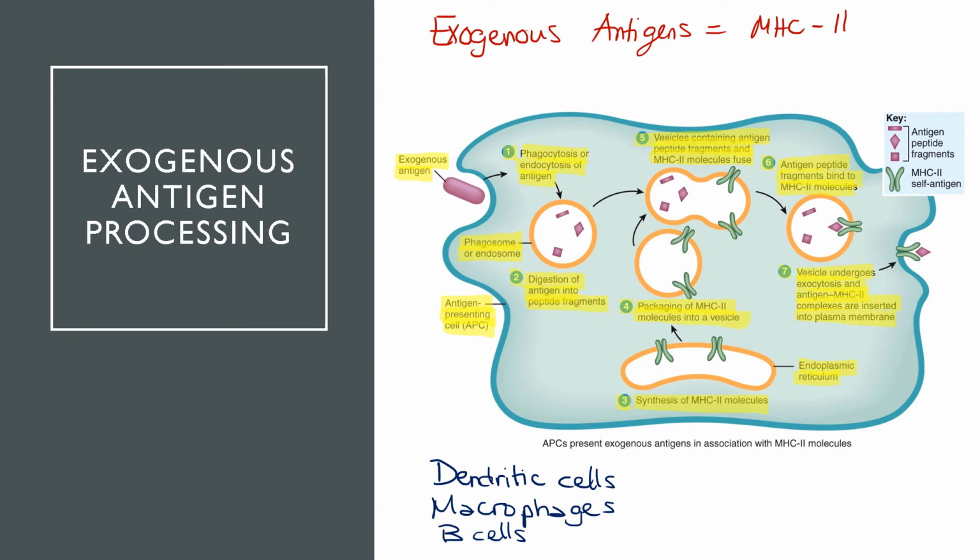We can see that presentation right here. The presentation of exogenous antigens together with MHC2 molecules by antigen-presenting cells will inform T cells that intruders are present in the body and that combative action should begin. So they present this to T cells.